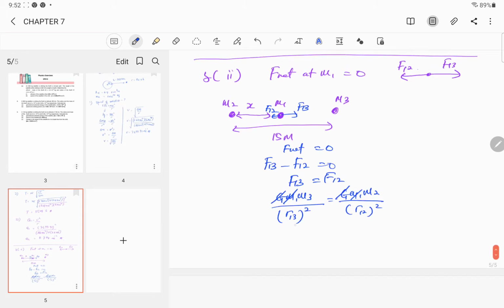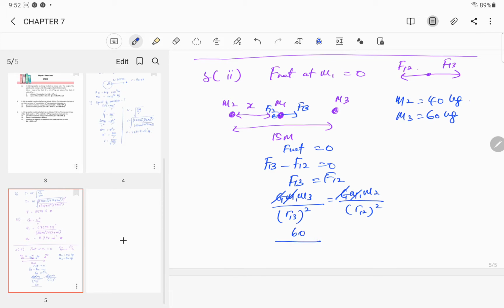So we have M3, which is 60 kg. Okay, M3 is 60 kilogram in the question. M3 is 60, betul. M2 is 40 kilogram. So your M3 is 60.